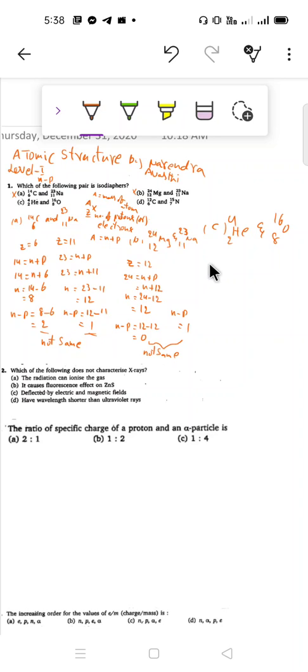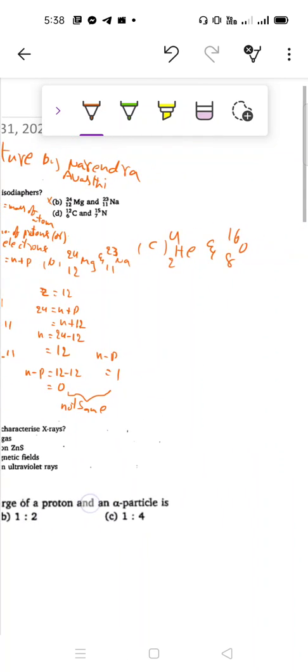Here Z is equal to 2, and 4 is equal to N plus P. We know protons are 2, so N is equal to 4 minus 2, which is 2.